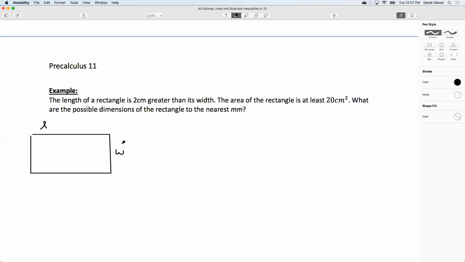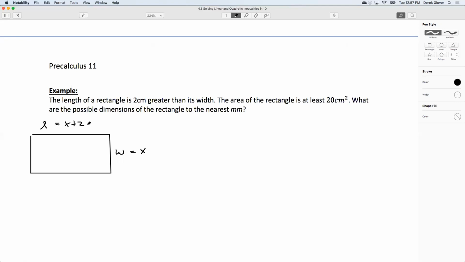So I'm just going to call the width x. I don't know what the width is. Then I can define length in terms of x. And since the length is 2 greater than the width, I can just call it x plus 2.